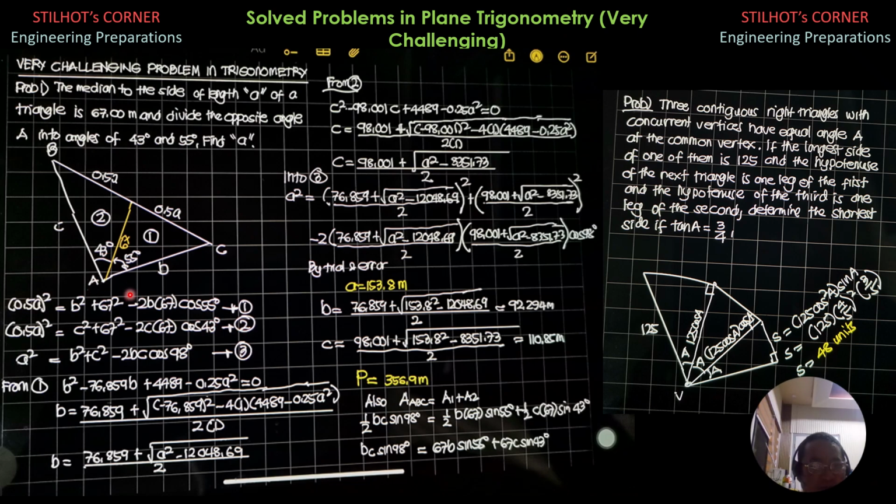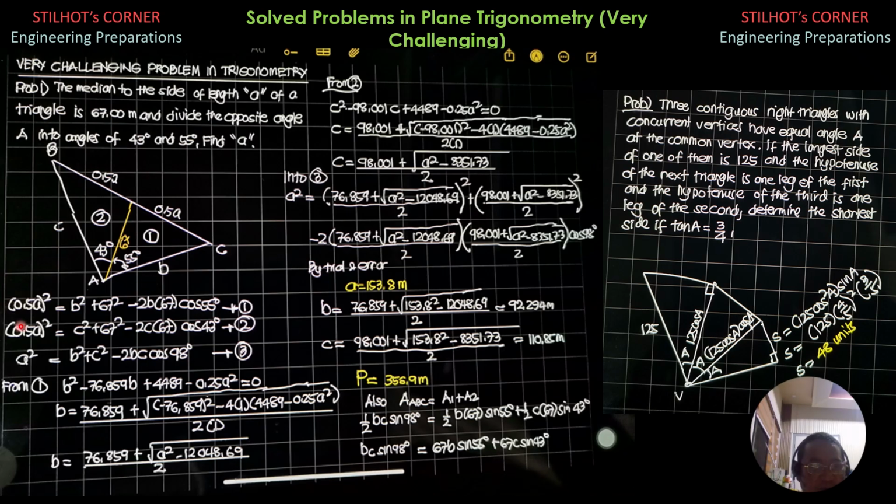Then in triangle 2, (0.5a) squared equals c squared plus 67 squared minus 2c(67) cosine of 43. Call that equation 2. And for the entire triangle, a squared equals b squared plus c squared minus 2bc cosine of 98 degrees, where 98 is 43 degrees plus 55 degrees.